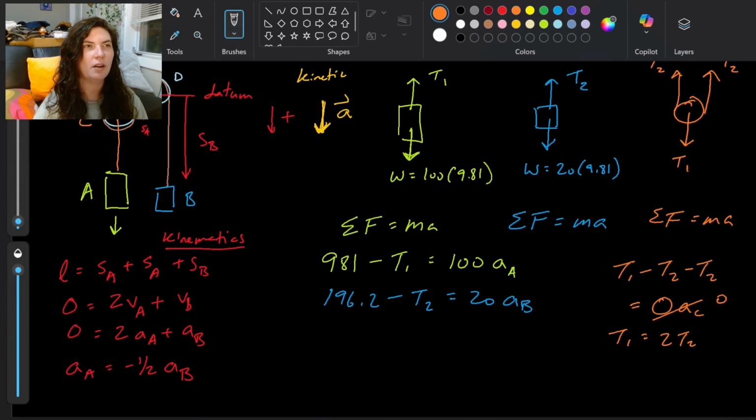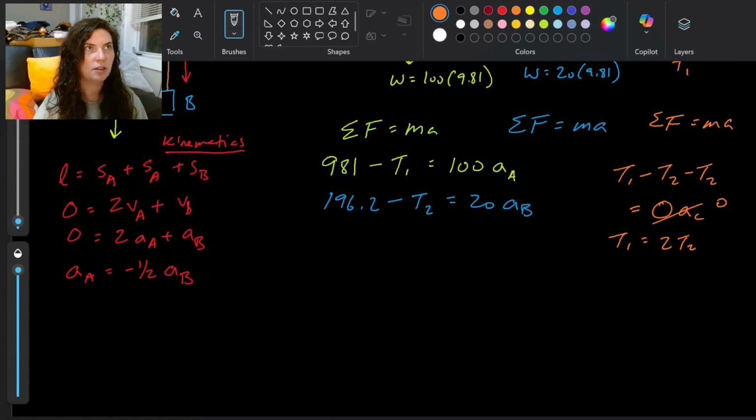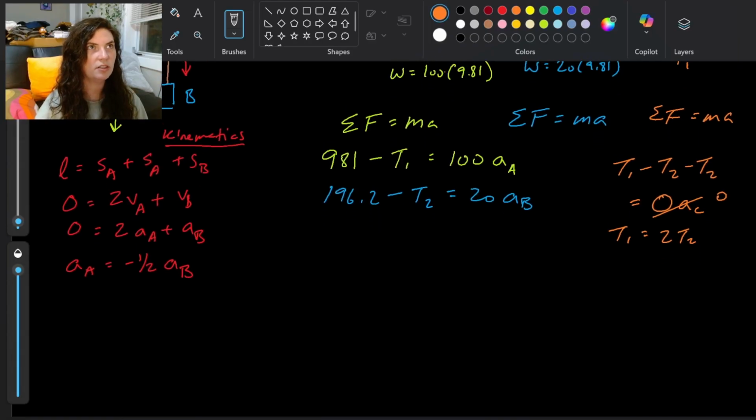Now if we bring it all together, let's look at all of those equations that we have. I have an equation with T1 and acceleration A in it. I have an equation with T2 and acceleration B in it. And then I've got a relationship for T1 and T2.